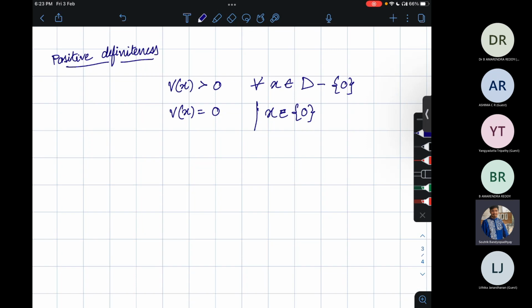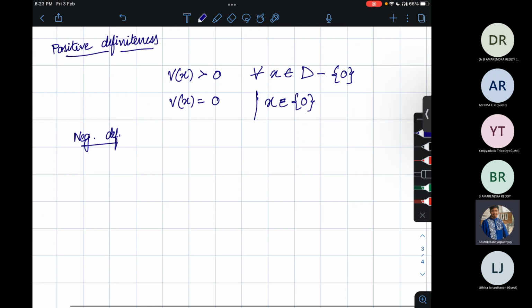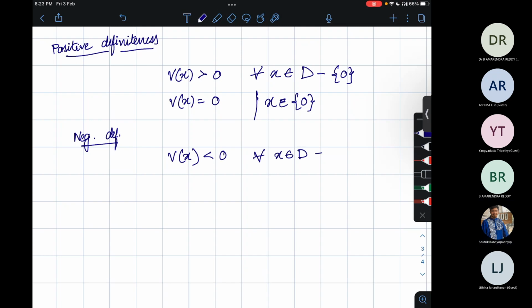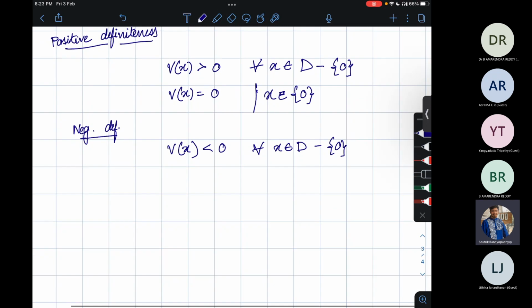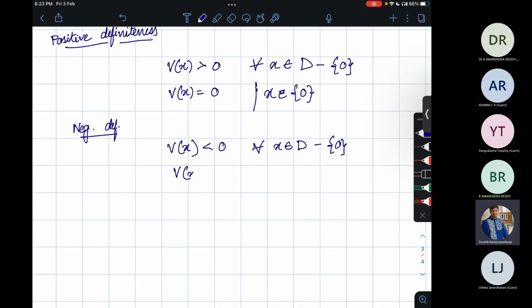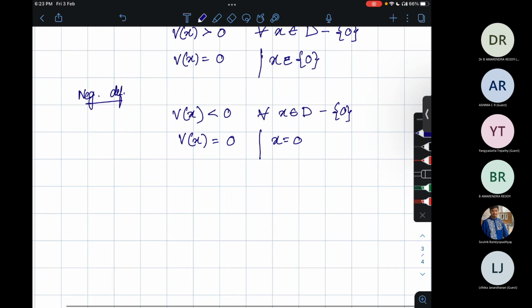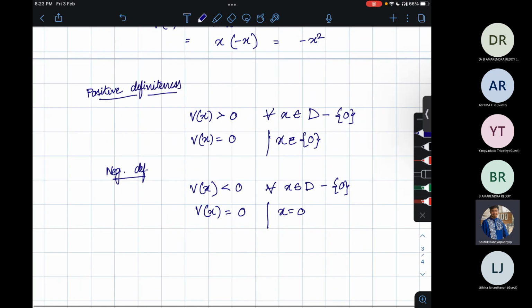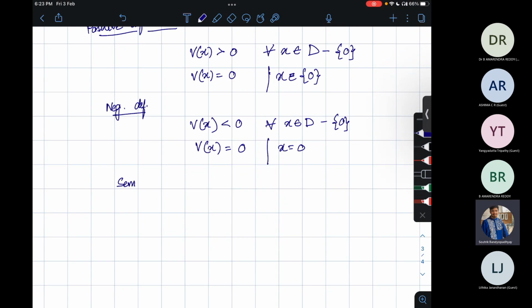Okay, so this is known as a positive definite function, and similarly you can write negative definiteness. Negative definiteness implies that V of x is less than 0 for all x in this domain minus this origin, and V of x is equal to 0 for x equal to 0. And similarly, there is this concept of semi-definiteness.